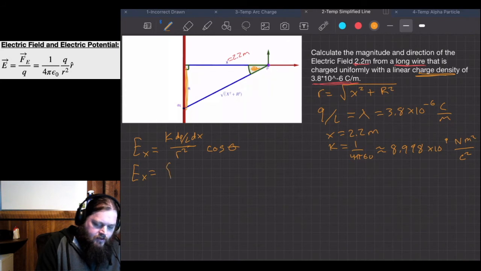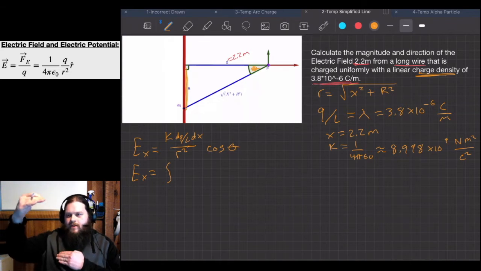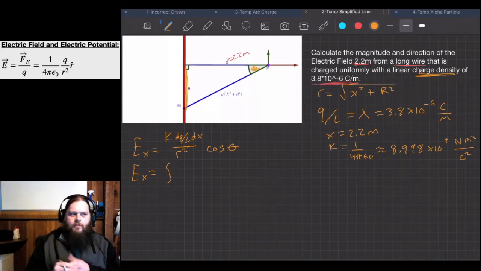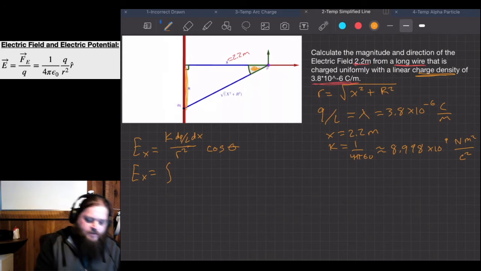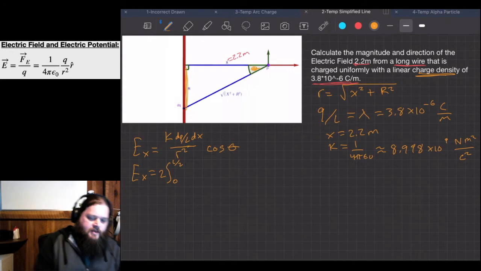E to the x is equal to the integral. I can do it from negative L over 2 to positive L over 2, the length entirely divided by 2. But really, since there's symmetry, we can just double it from 0 to L over 2. So I'm going to start at 0, go to L over 2, and double this, and it's going to be twice as big.